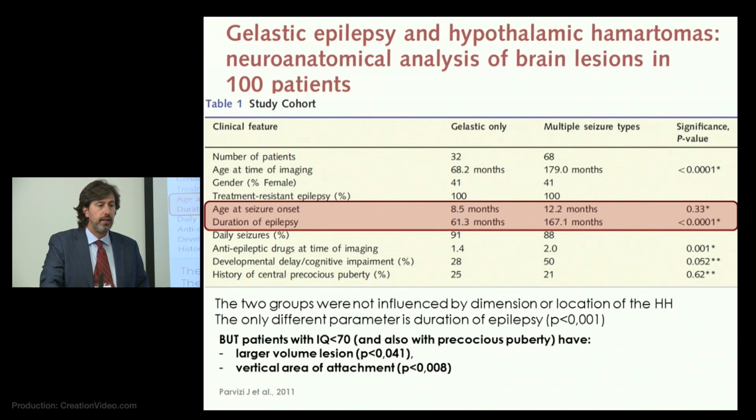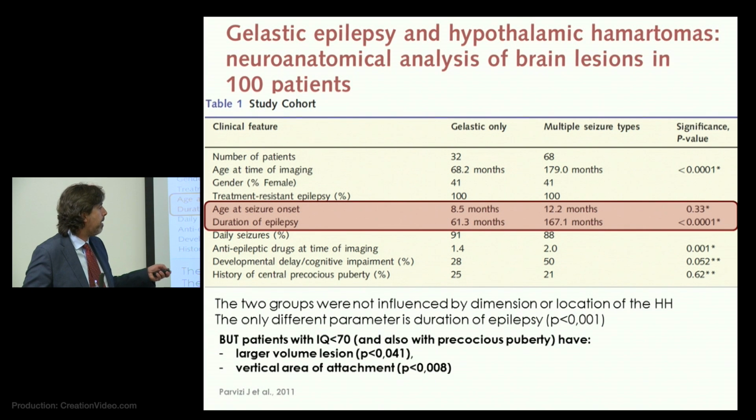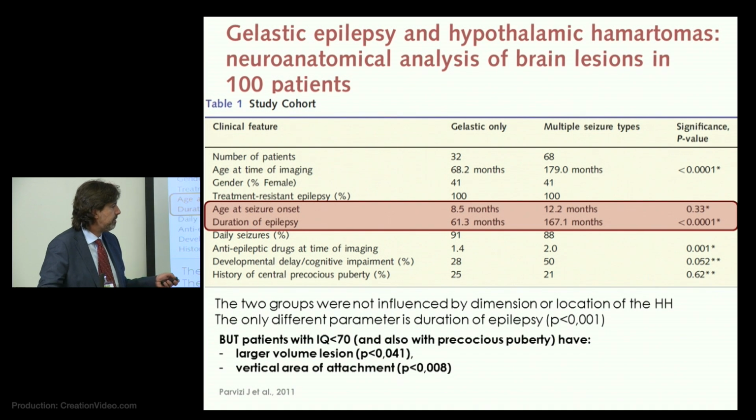So let's move to the initial presentation in those patients. You will see that this nice paper with 100 patients points out that the age at onset might be between 8 months and 61 months in patients with the gelastic seizure only, and some more when other seizures are added to the gelastic one.